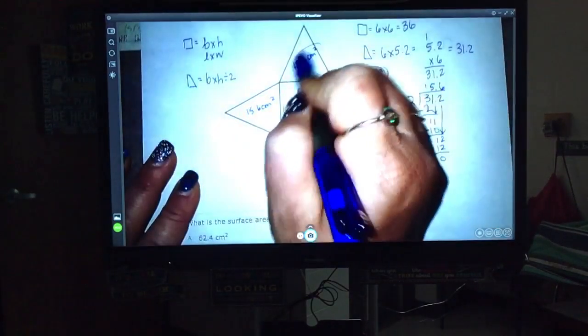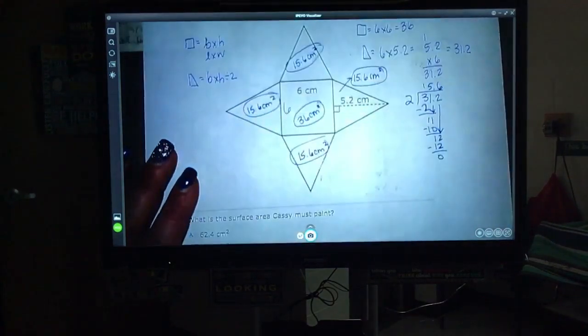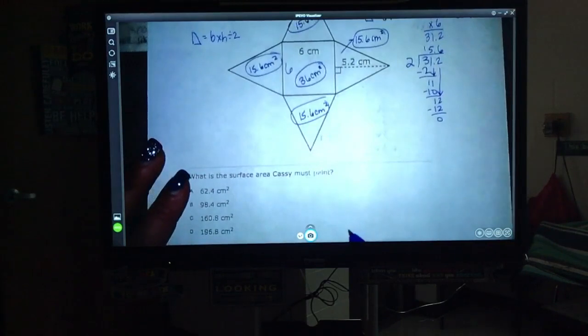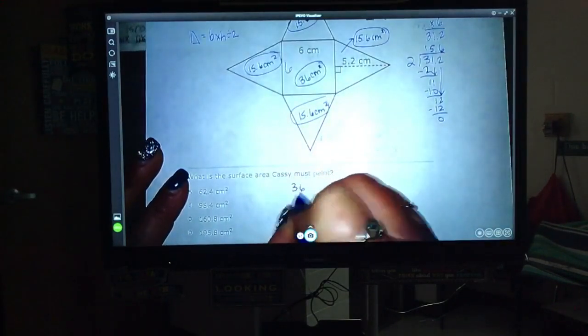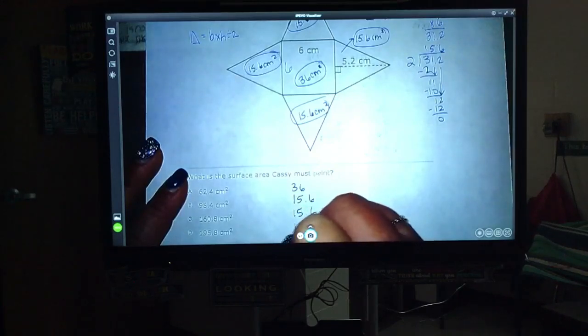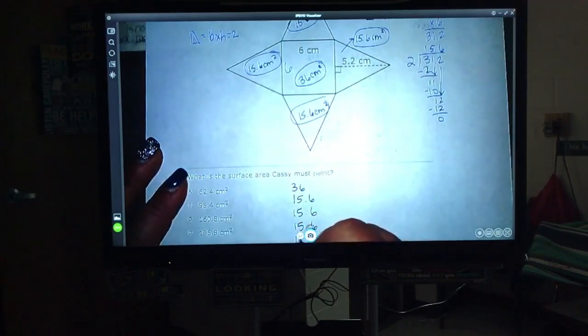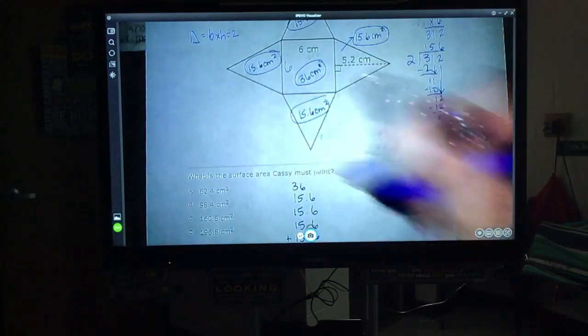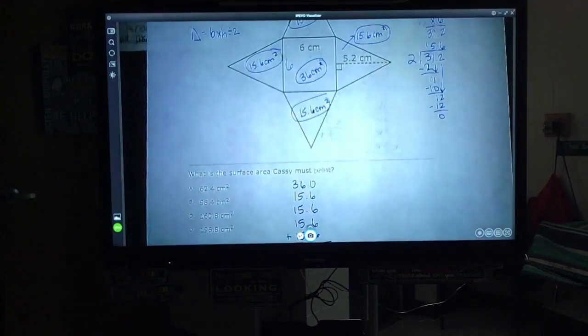So what do I do with these 5 numbers? You said add them? Yes. All right, so 36, and then 4 times 15 and 6/10. All right, stand up when you have your answer.